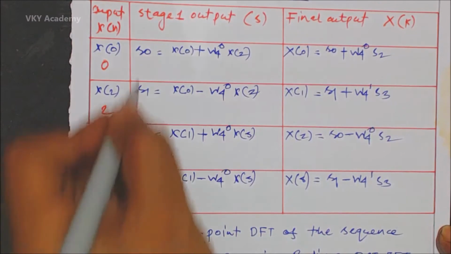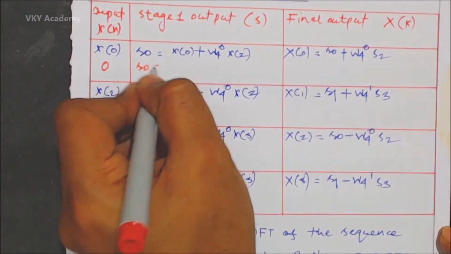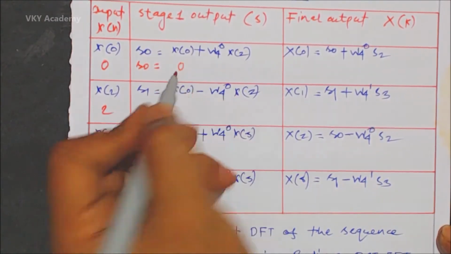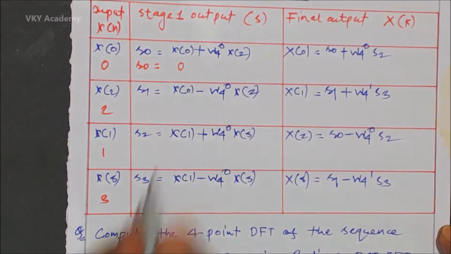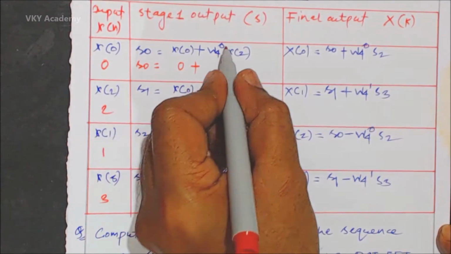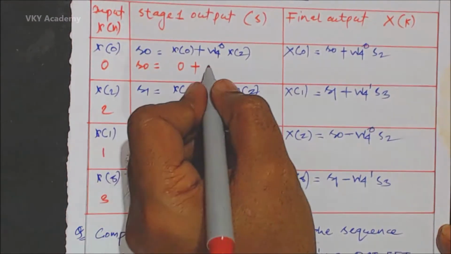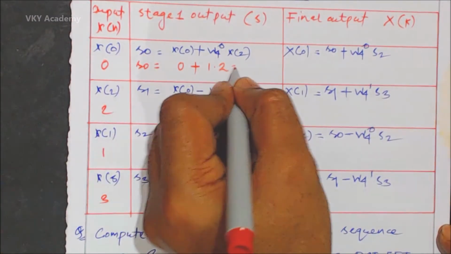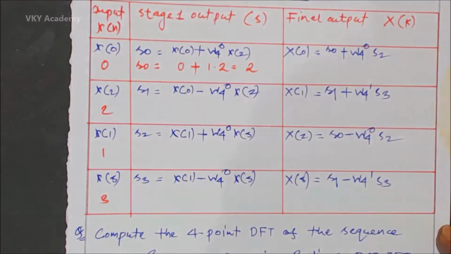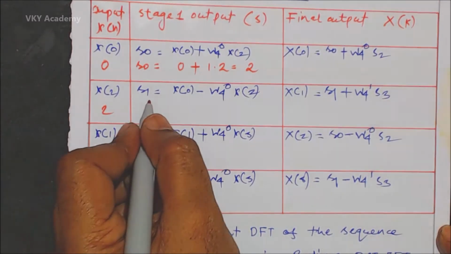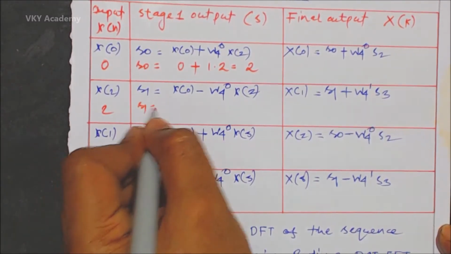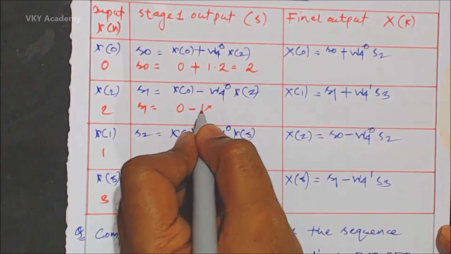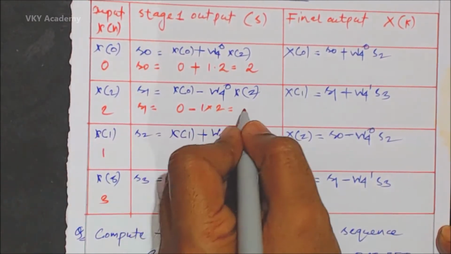Now let us calculate the value of S0. S0 will be X0, the value is 0, plus W4 to the power 0 is always equal to 1, 1 into X2. X2 is 2. So my result is 2. Let us calculate S1. S1 is X0, which is 0, minus 1 into 2. So this is minus 2.